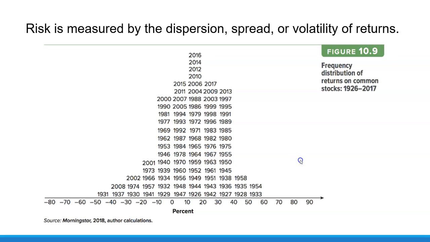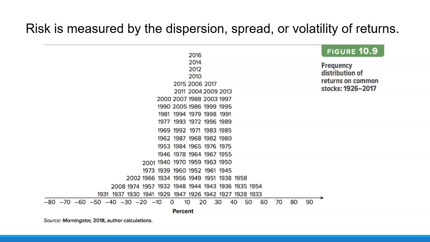Risk is measured by the dispersion, spread, or volatility of returns. So this graph is a frequency distribution of the returns on common stocks from 1926 to 2017, showing that more stocks were around the 10% return than the others.